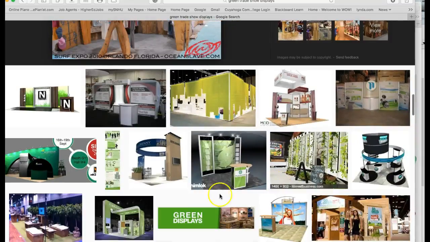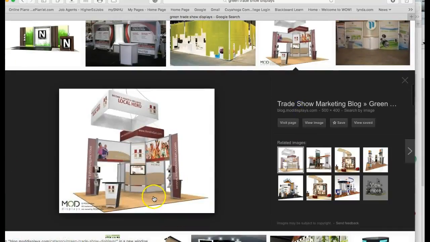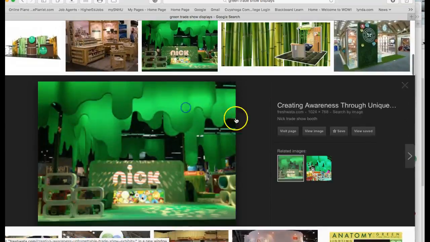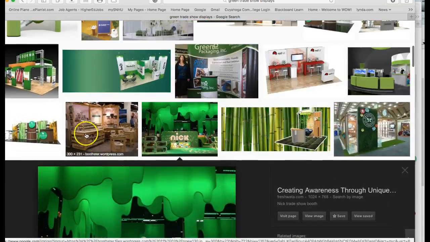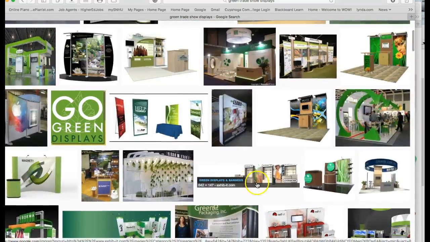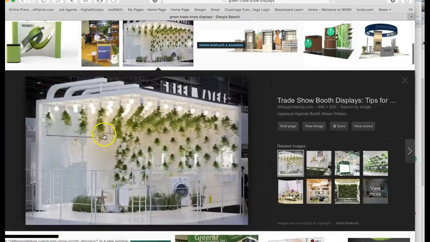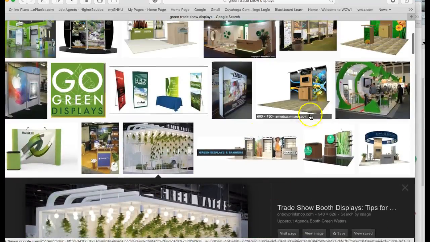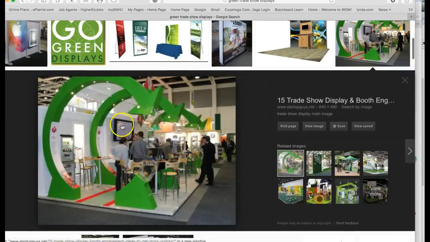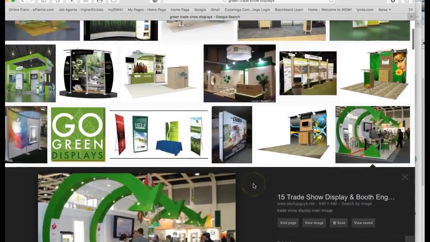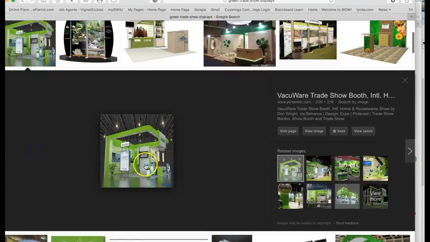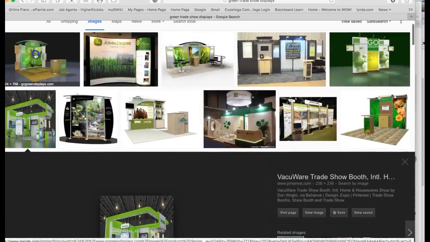Let me show you some other examples. This is what a trade show booth looks like. There are so many examples. There's a Nickelodeon trade show booth. Here's a trade show booth for something. Here's a green trade show booth showing some different kinds of plants. Here's another green trade show booth. There are just 100,000 ideas to choose from.